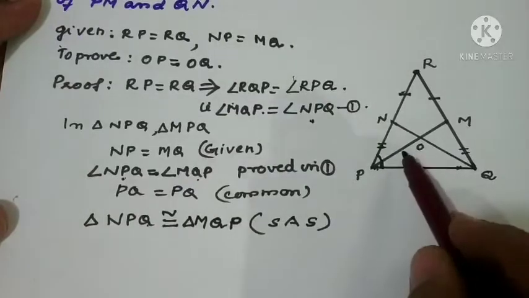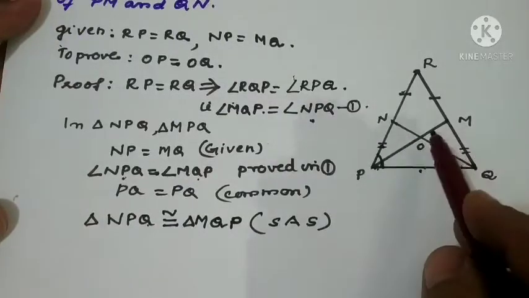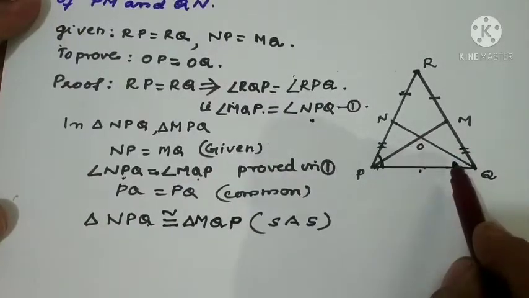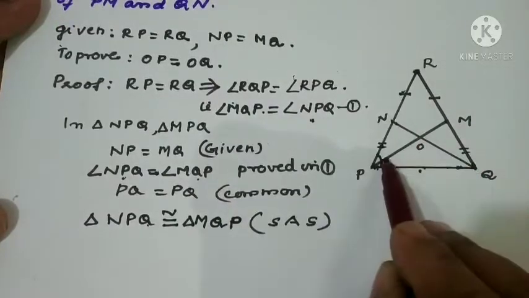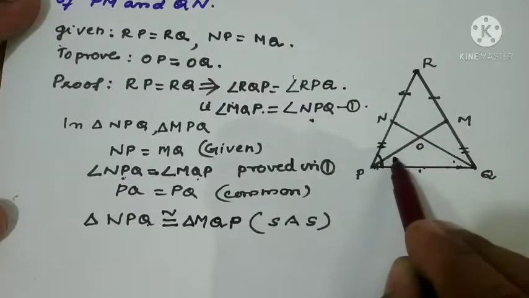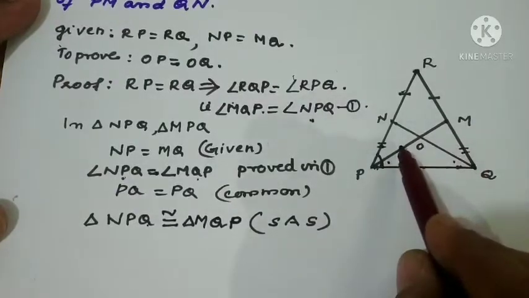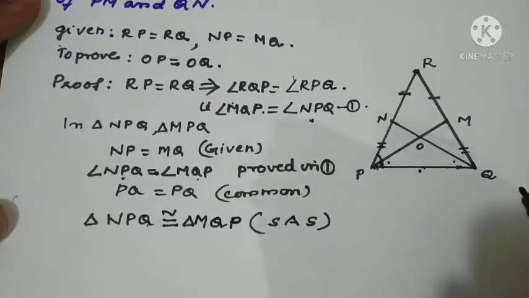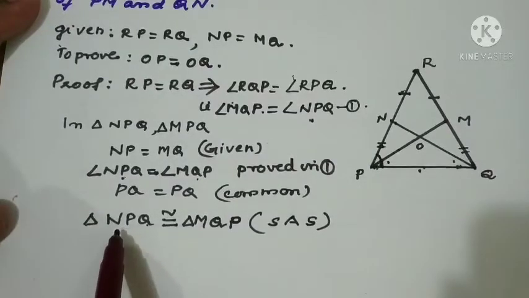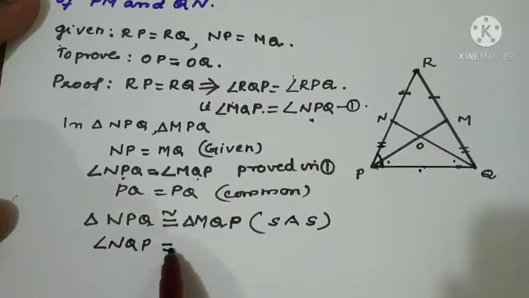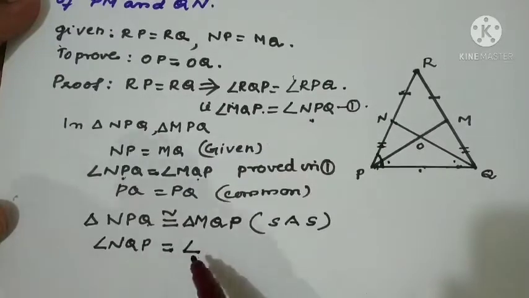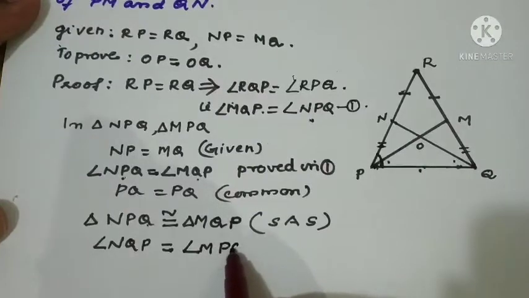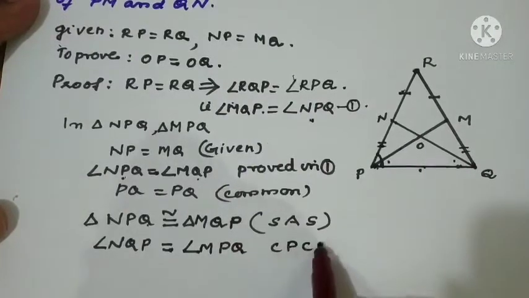So now we need OP and OQ to be equal. OP is the side opposite angle NQP. If these two angles are equal, then we can get OP and OQ. So we will write angle NQP equals angle MPQ, by CPCT.